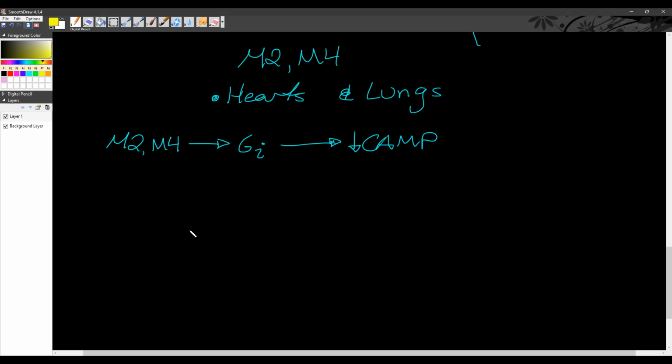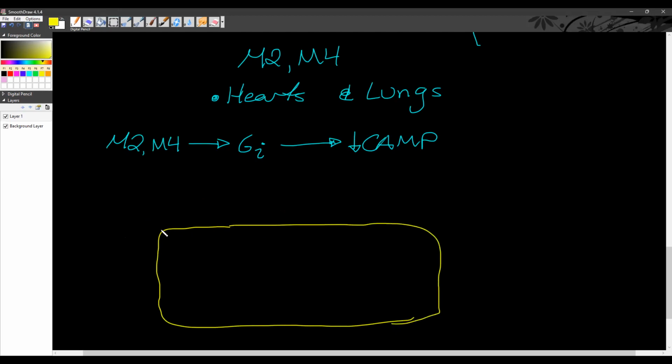Normally, when we talk about the lung tissue, what we have going on is we have the GS receptor and we have the GI receptor.